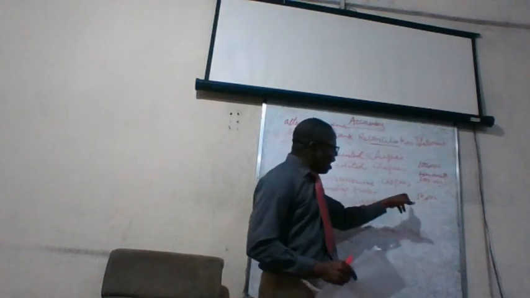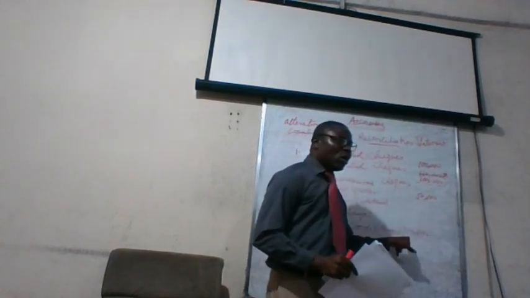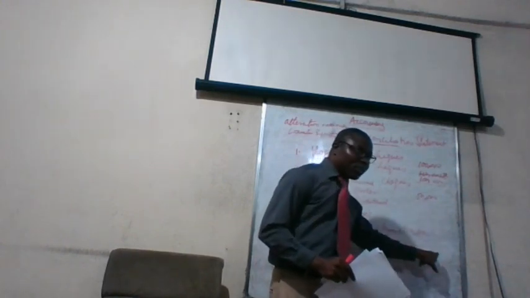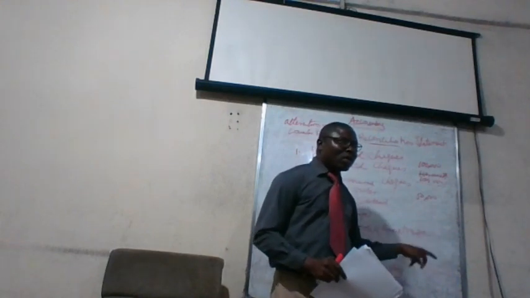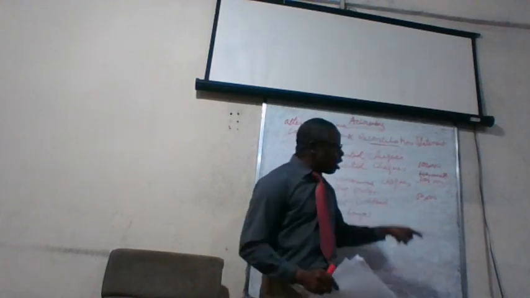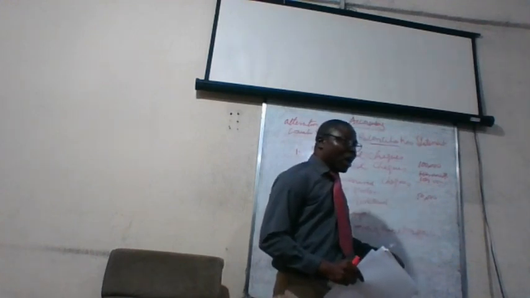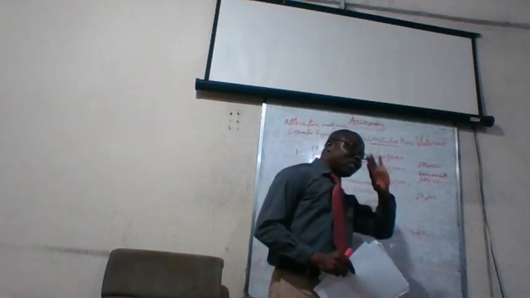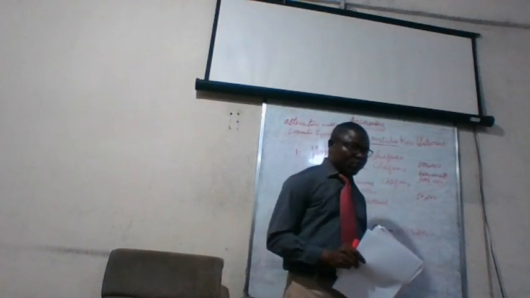You write 50,000 naira in figure, then you come to words and instead of 50,000 naira, you mistakenly write 60,000 naira. So the bank will look at the figure and look at the words. Once the figure and words do not rhyme, they will not pay you. So when there is a difference between figures and words, the check is dishonored.